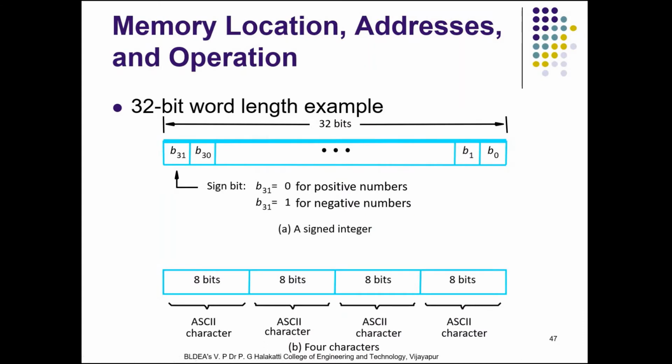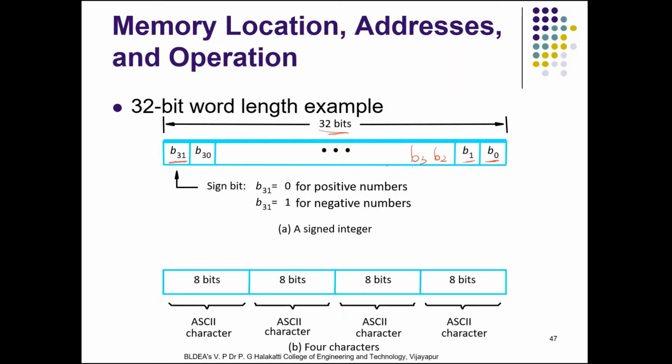Now if it is a 32-bit word length, for example, then in one word there will be 32 bits, and each bit I am going to denote as B0, B1, B2, B3, and so on up to B31.